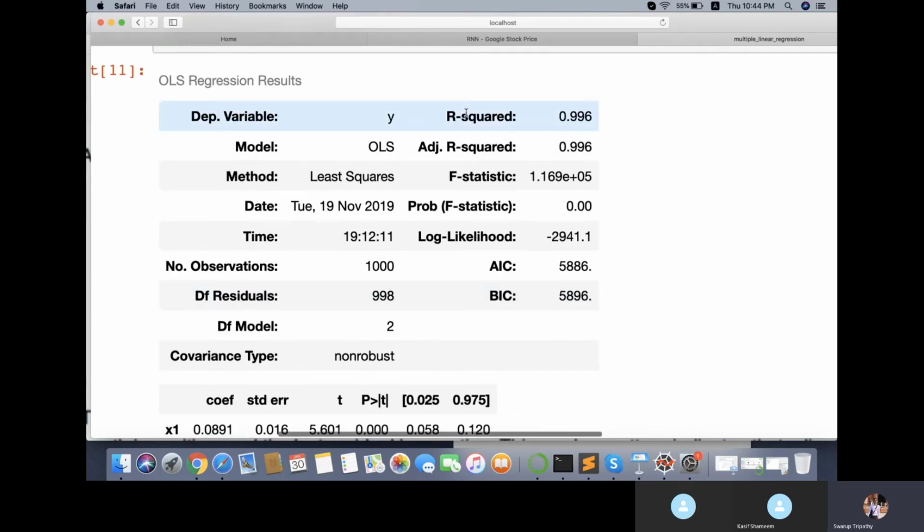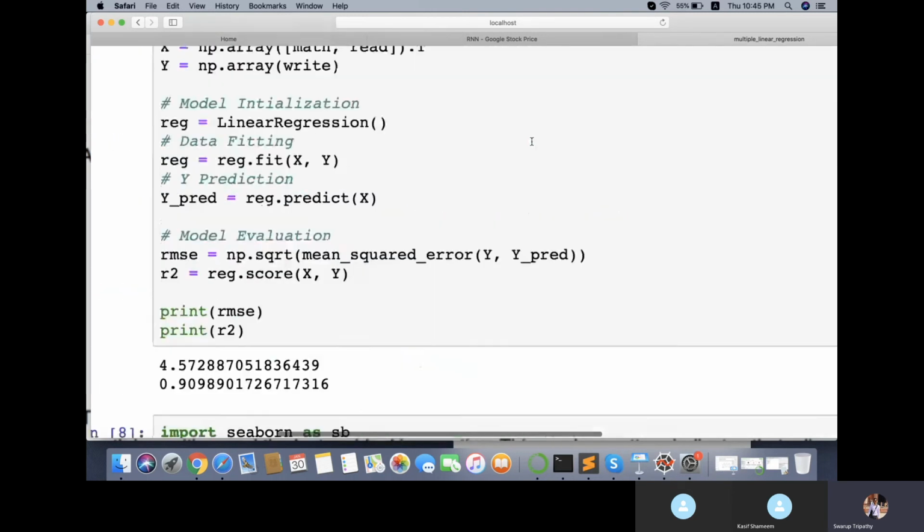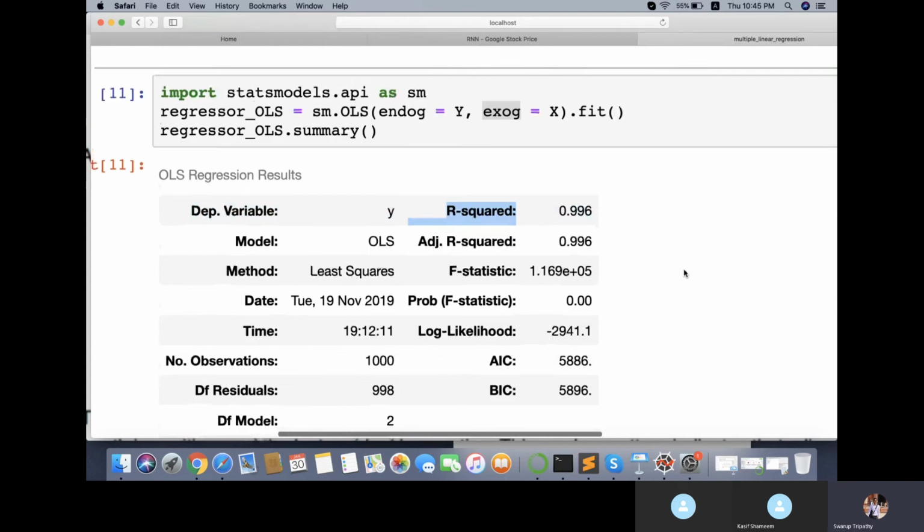First it shows the r square value, which is 0.996. Earlier, with our test, we were getting r square as 90%, but using the ordinary least squares way it figures out that r square can be 99%, almost 100%.